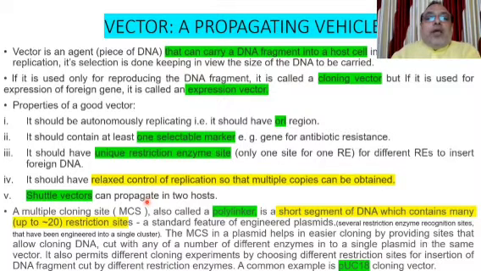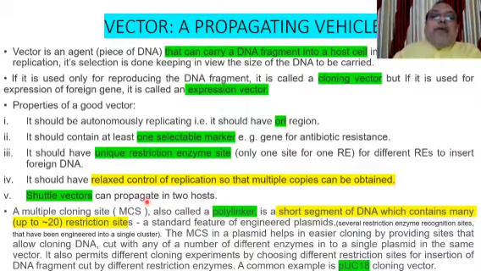If it is a plasmid, then it has the ori site of the plasmid, as well as the automatically replicating sequence, ARS site, of yeast, so that it could multiply in the bacterium as well as in the yeast. It should have the centromere of the yeast so that it could divide in the yeast.